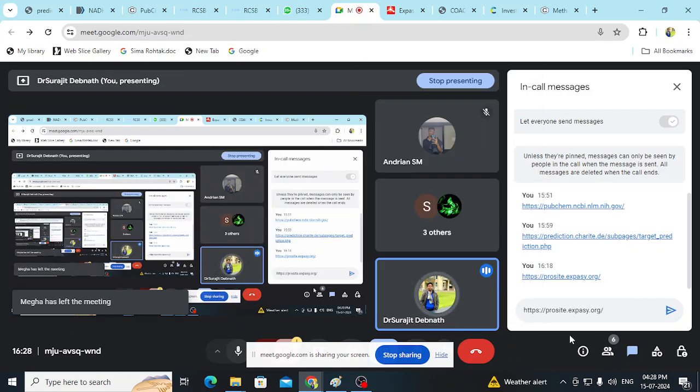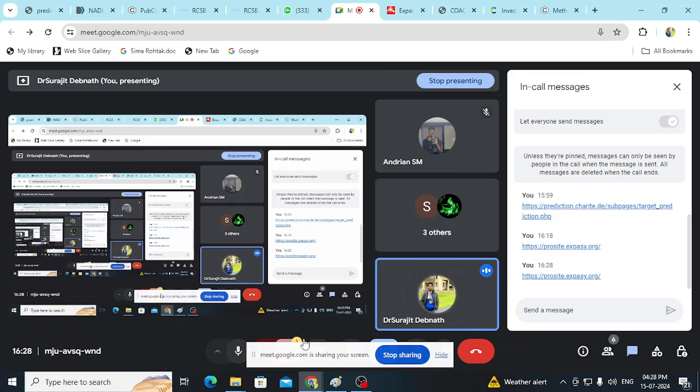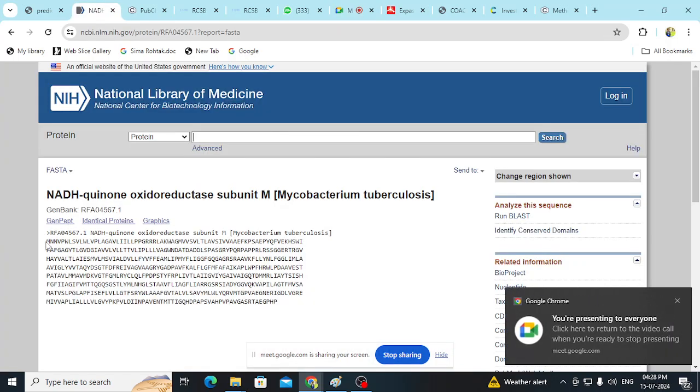It will give you an idea what are the hypermutable sites and what are the very stable sites present in this particular protein.